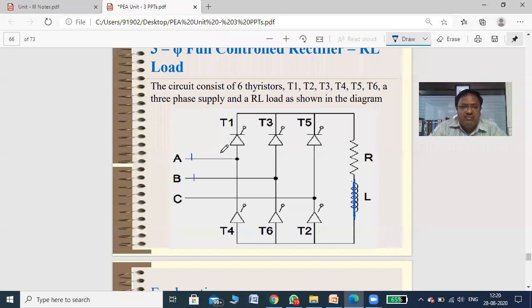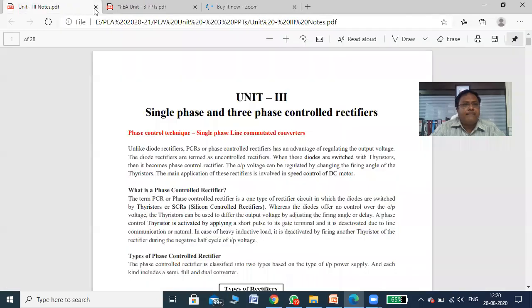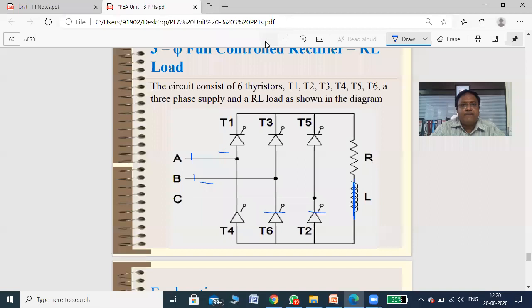Thyristor T1 is positive, so it is in forward bias condition, and because B is negative, thyristor T6 is also in forward bias condition, since phase B is negative and phase A is positive.